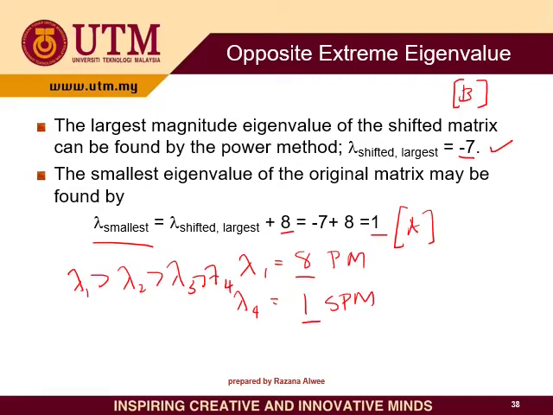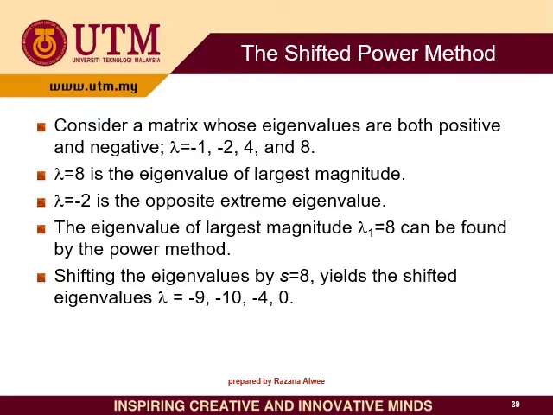If you remember the previous 3-4 slides, the largest one is lambda 1, which is 8, and the smallest one is lambda 4, which is 1. You can find the largest one using the power method, and you can find lambda 4, the smallest one, using the shifted power method.